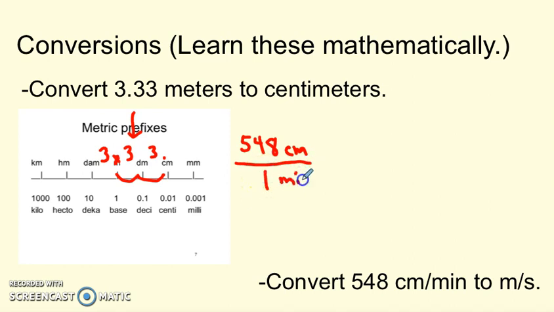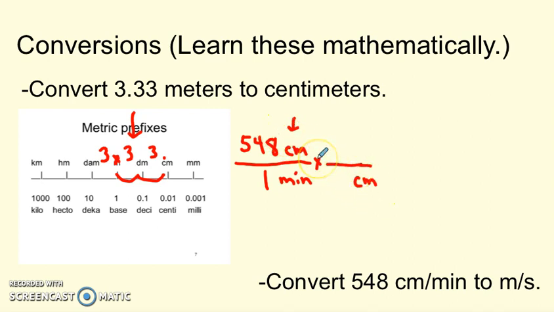Centimeters per minute. So let's get rid of the centimeters. We're getting rid of the centimeters and going to meters. So we'll multiply, and we have a fraction line. You have to put centimeters on the bottom, because what you're doing is canceling out.